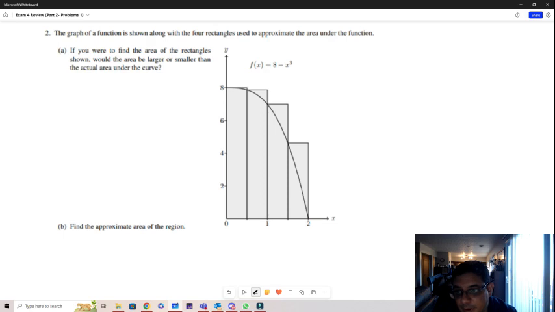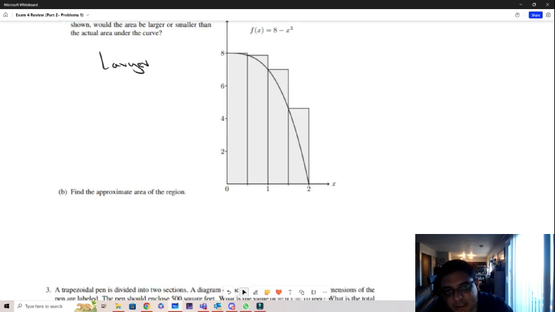It says, if you were to find the area of the rectangles shown, would the area be larger or smaller than the area under the curve? This is something that we don't need to do anything to see. We can see that we have more area with the rectangles than under the curve, so clearly this is larger.